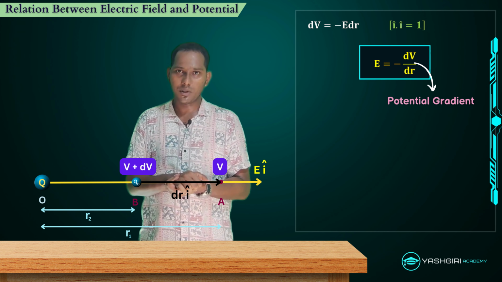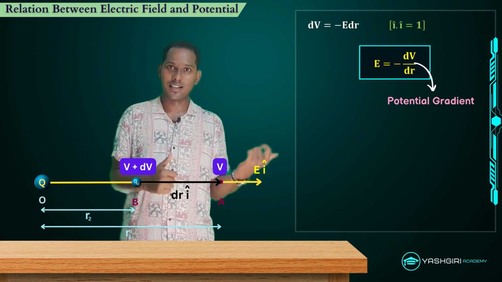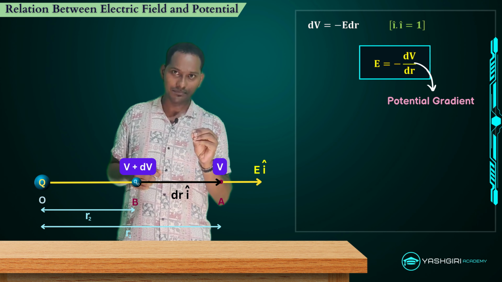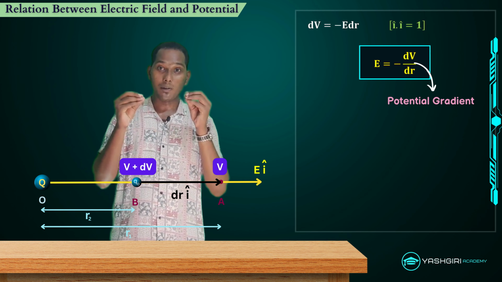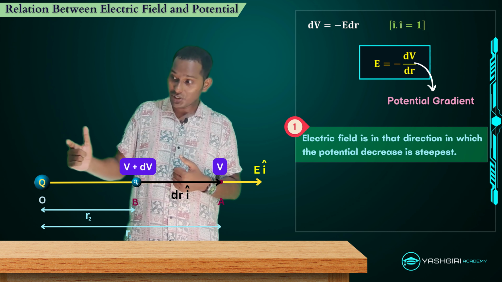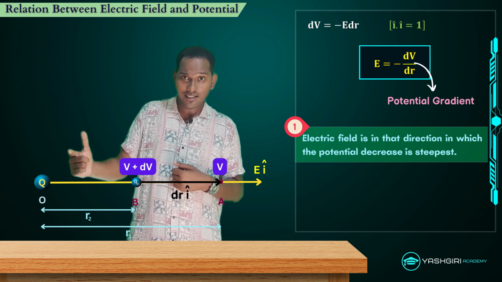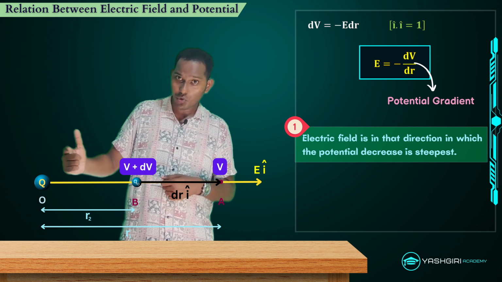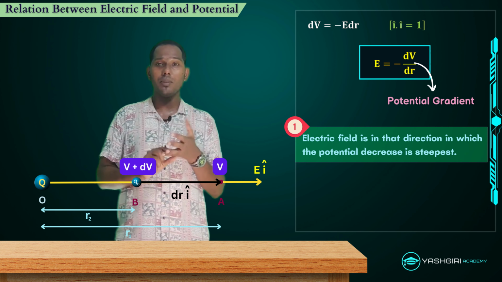Another thing, students: the negative sign in this equation basically tells you the direction of the electric field. In this case, the direction of the electric field is the direction in which the electric potential is decreasing. We know that as R increases, the potential decreases, and in the same direction you will have the electric field direction. So that's one point to make a note of.